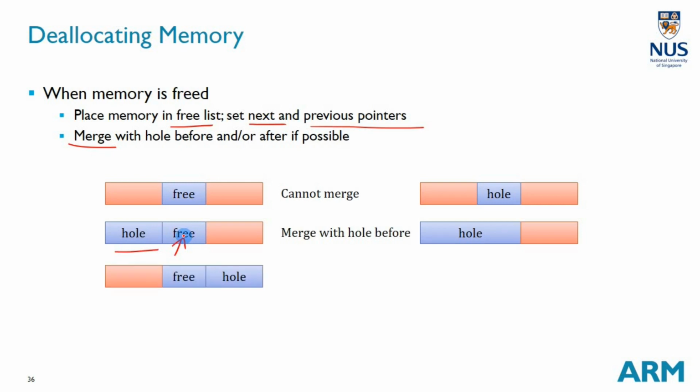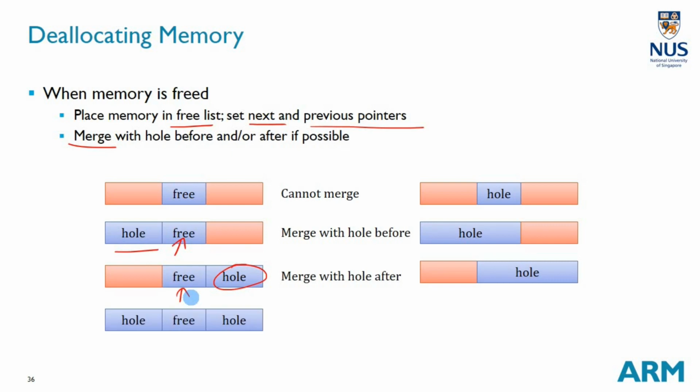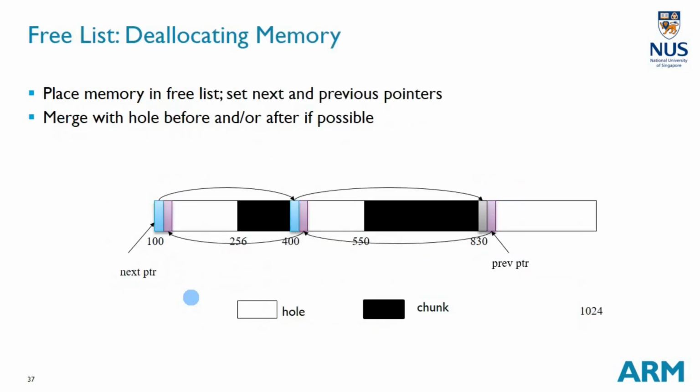The other way is I have a hole at the other end of the memory and I free up the current chunk in the middle, and then I can merge after that. And if I have two holes and I free up the one that was originally occupied between them, then I can merge them together and create a very big hole to cater to even bigger memory requests.